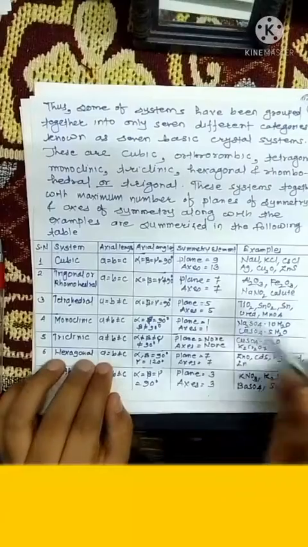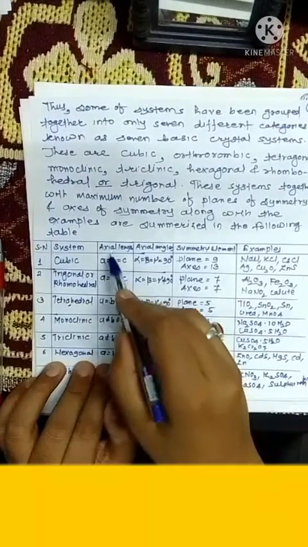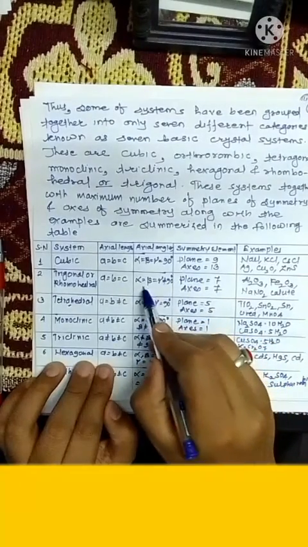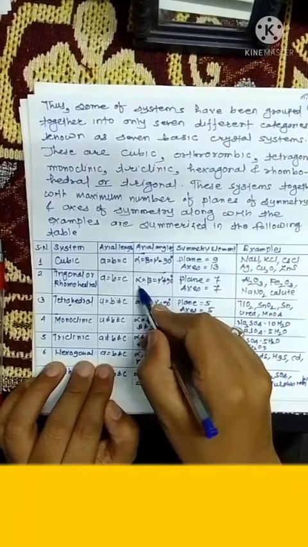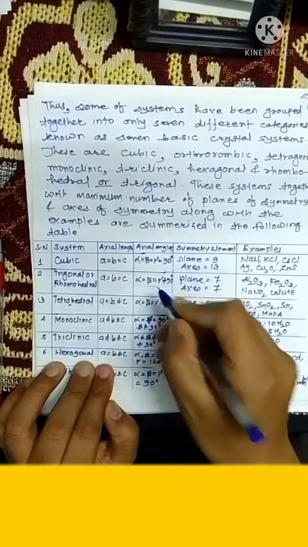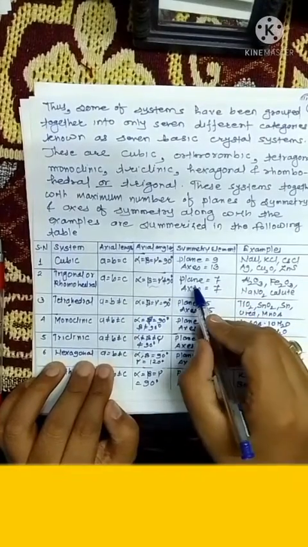In a trigonal or rhombohedral crystal system, all axis lengths are equal, but see that your alpha angle is always equal to beta, beta is always equal to gamma, but they are not equal to 90.